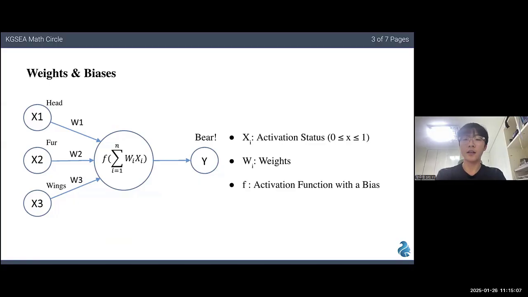This suggests that W2 can be a greater positive value than W1. Conversely, the presence of wings will make it less likely that the image in discussion is of a bear. Therefore, W3 can be a negative value with a more significant absolute value.